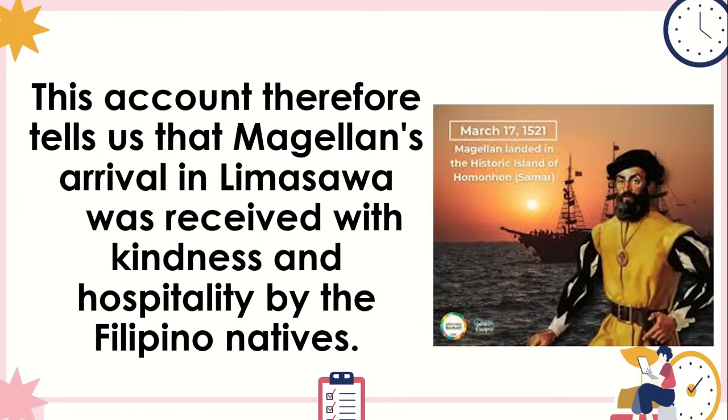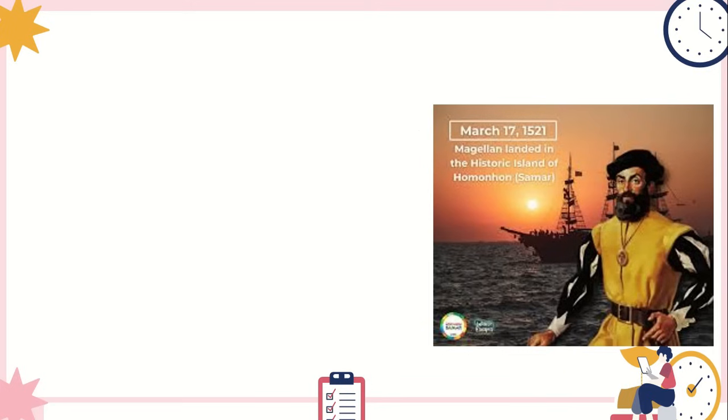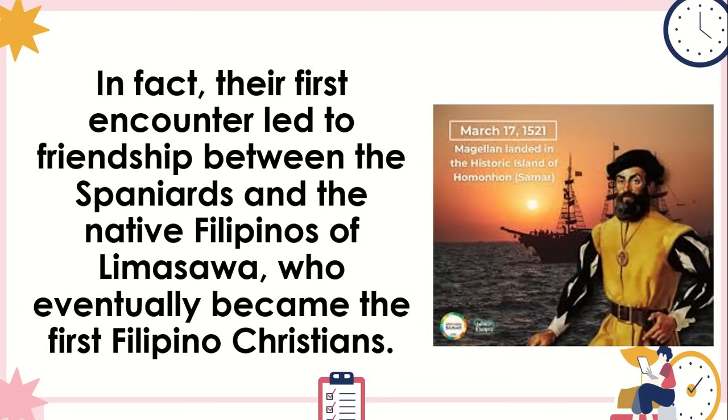This account, therefore, tells us that Magellan's arrival in Limasawa was received with kindness and hospitality by the Filipino natives. In fact, their first encounter led to friendship between the Spaniards and the native Filipinos of Limasawa, who eventually became the first Filipino Christians.